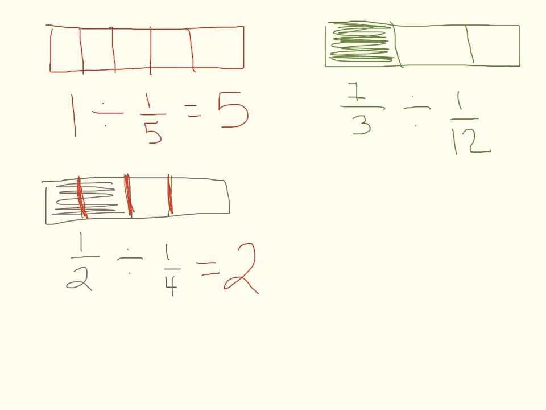Now, 1, 2, 3, 4, 5, 6, 7, 8, 9, 10, 11, 12. I now have shown how I've split my one whole into 1/12 size pieces. How many 1/12 pieces are in that shaded 1/3? And the answer is 4.